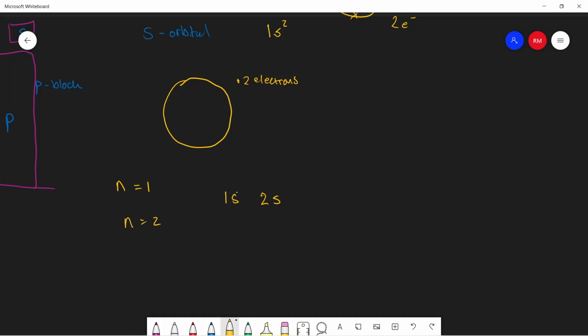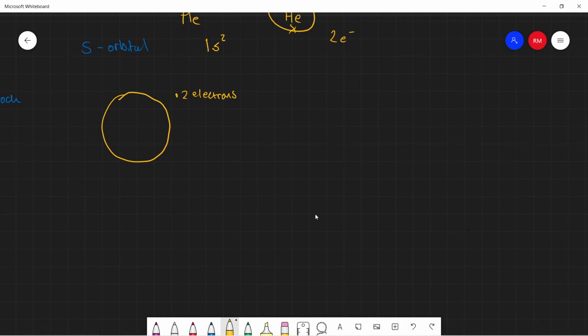So they're cumulative in that sense. So if n equals 3, we're going to have a 1s orbital, a 2s orbital, and a 3s orbital. Obviously, there are more orbitals than that, because there's up to 18 electrons in the third shell, but we'll get to that in a second.